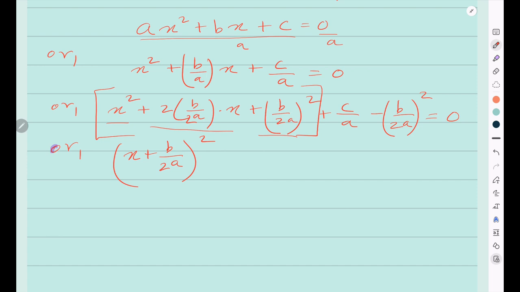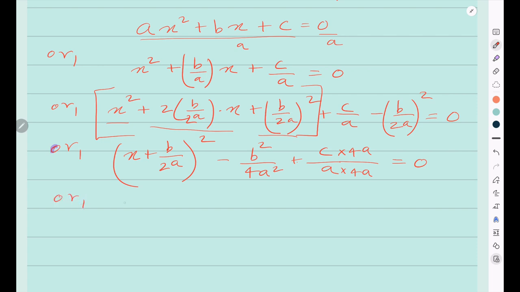And then here it's minus plus c by a. So what we can do here, we can multiply it by 4a and divide by 4a, is equal to 0.